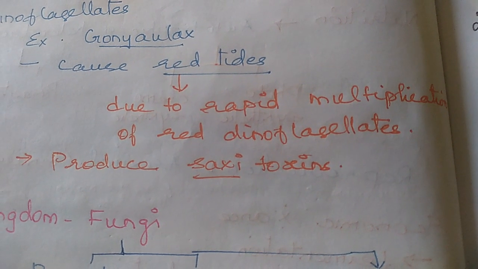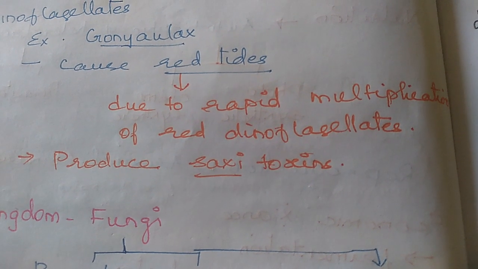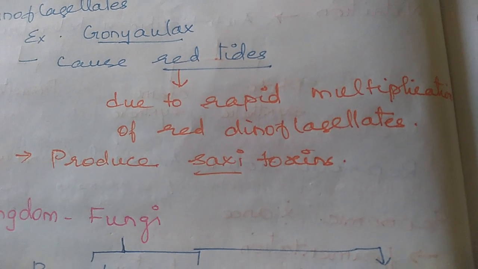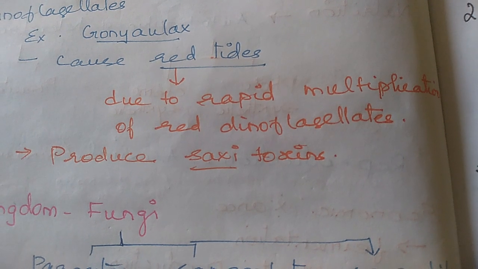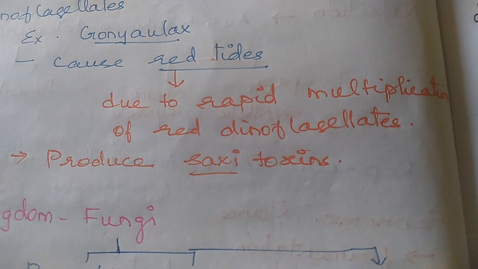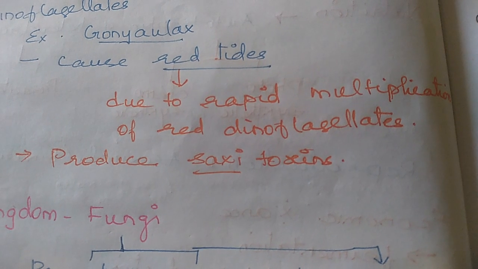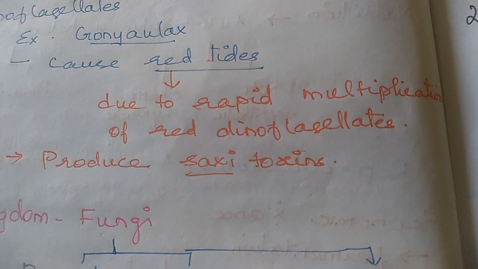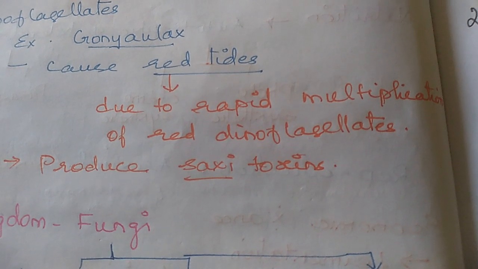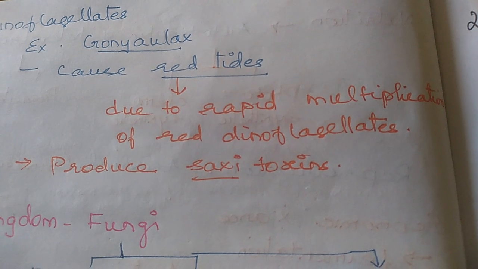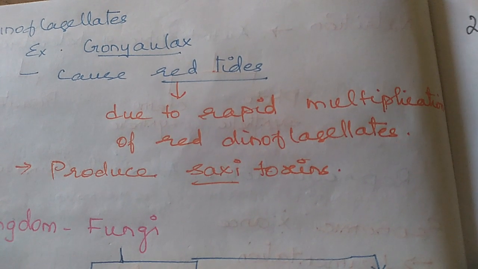This Gonyaulax went into the sea for a dive and a shark ate that Gonyaulax. Because of that blood came, so the tides became red in color. So who dived into the sea? Gonyaulax. And what is the reason for the red tides? Gonyaulax. In order to remember, I am telling this, so just don't forget the example.